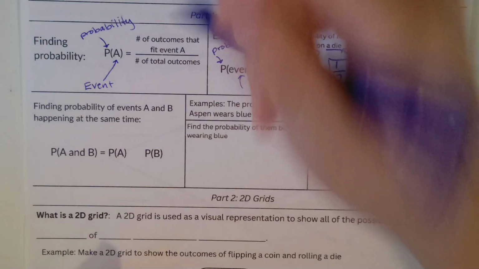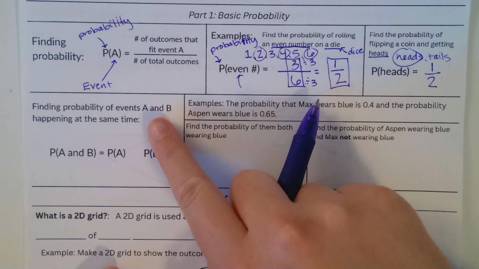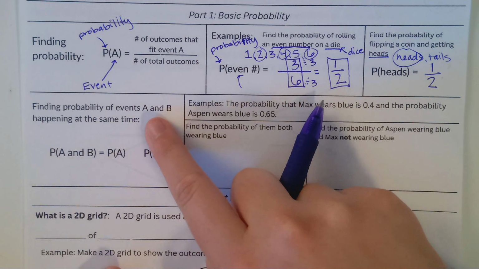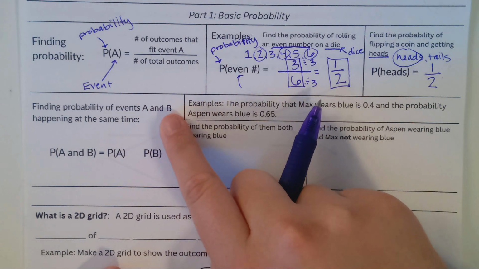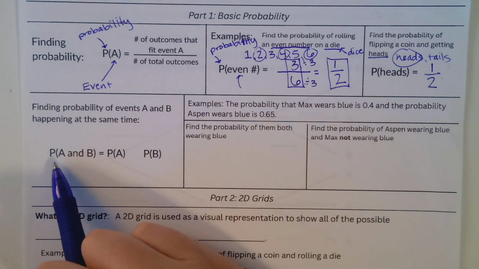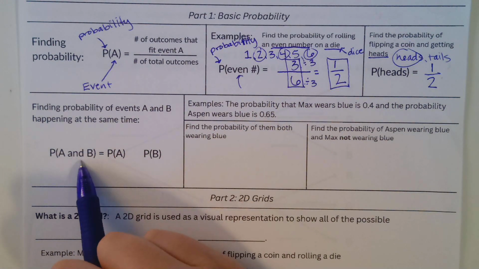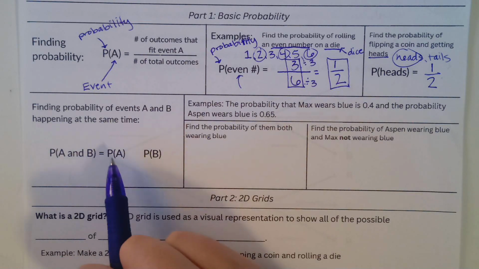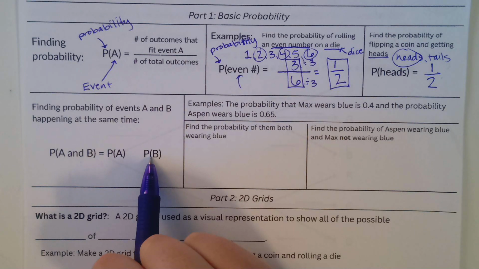So in this case, this is just like a generic formula. They're going to call it event A and event B. But just know A could be replaced with you flipping a coin and B would be like you rolling a die. Those are the 2 possible things happening. So the probability of both of those things happening at the same exact time, the way that you find that is by taking the probabilities of them individually.